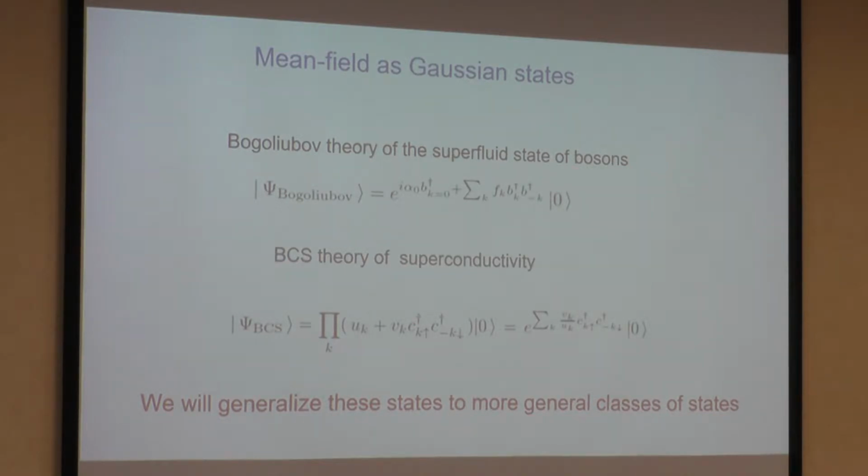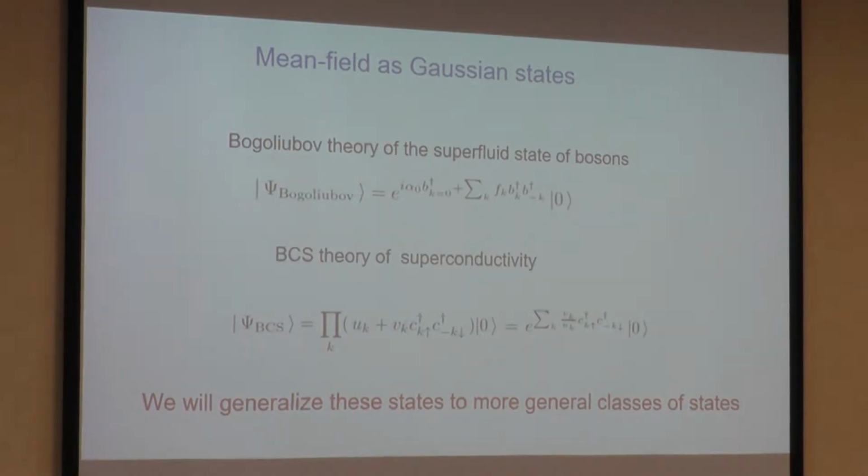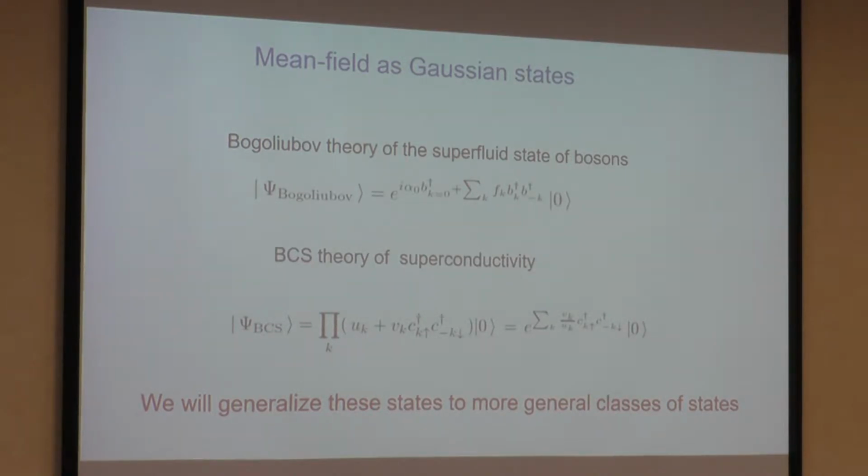And you can use fermion anticommutation relations to actually write this as the exponent of a quadratic form of the fermions. So that's something that we all remember from our basic classes. But the idea that we want to explore, which we started exploring yesterday and will continue exploring today, is that we can generalize this class of wave functions while keeping this kind of character.